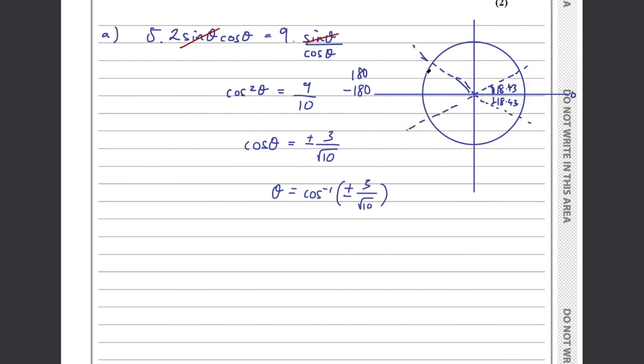Okay, so the angle that we're talking about here is all the way around. So that's going to be 161, whatever it was, and this one's going to be negative 161. So we have some answers for theta. Theta is equal to 18.4 degrees, or negative 18.4 degrees, or what was that number again?